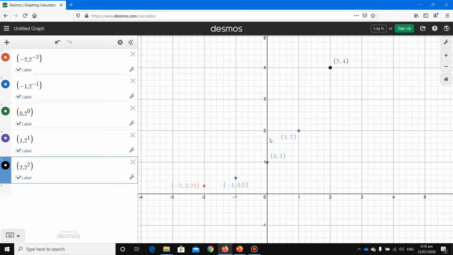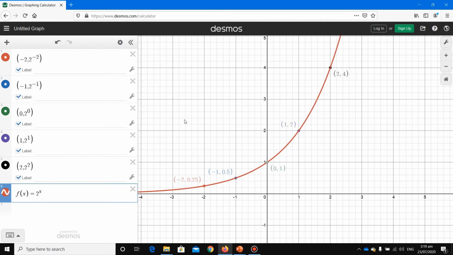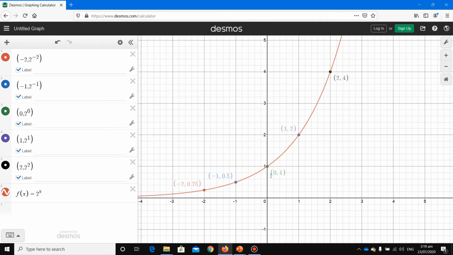So we can see here that there is one trend, from a low value to a higher value, from 0.25 as our y to +4 as our y. So when we connect these points represented by our function f of x equals 2 raised to x, all of these points are on this graph or on this curve.